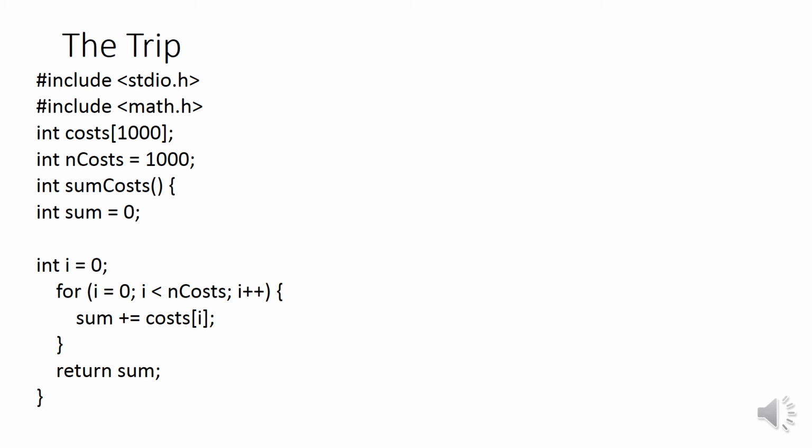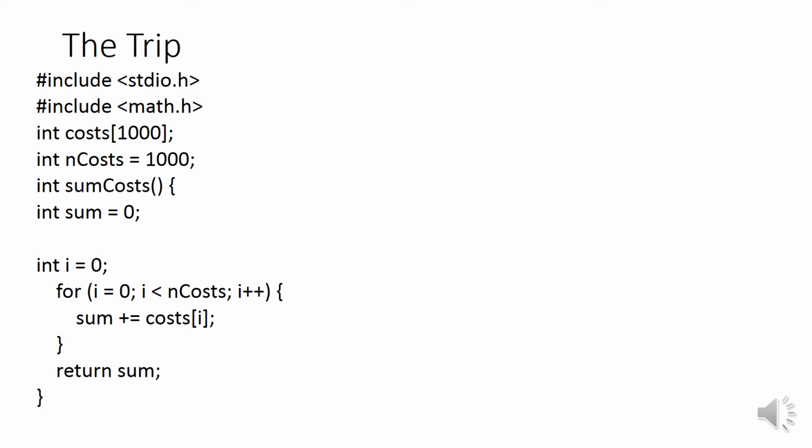Here I have explained some of the code for the trip programming challenge. In that, stdio.h and math.h are the header files that we have to include. After that, we define an array, cost, of size 1000.